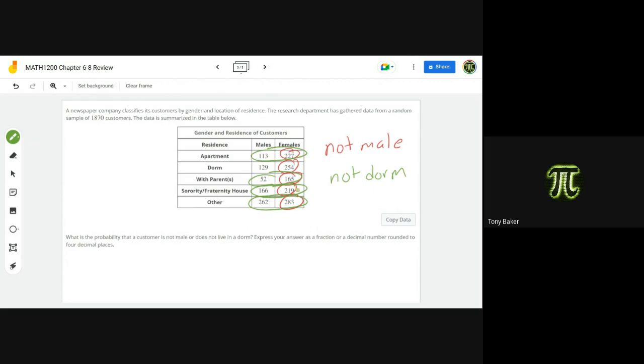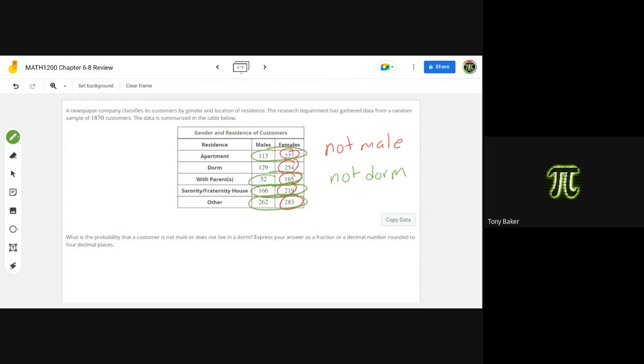Notice how there's that overlap. If I just added up all the not males, I'd get one number. If I added up all the not dorm, I'd get that number. But all these ones that are circled twice are that overlap that I would have added twice. So that's the piece you have to worry about. But like I said, I would do something like this with circles, so you can see that overlap and not have to worry about it.